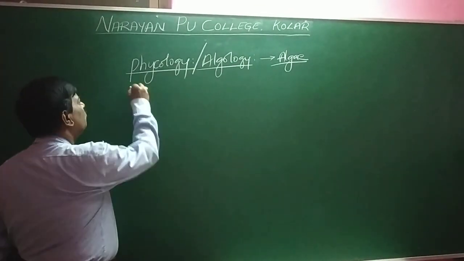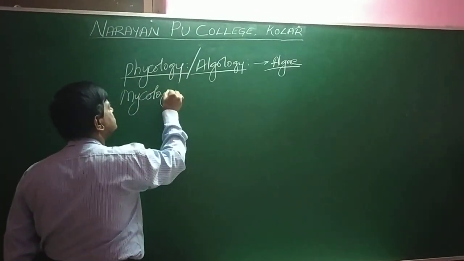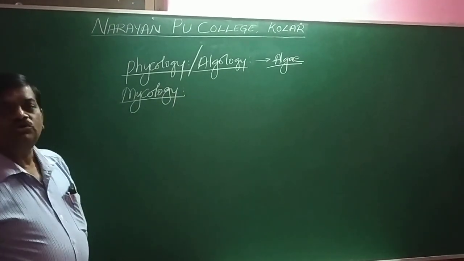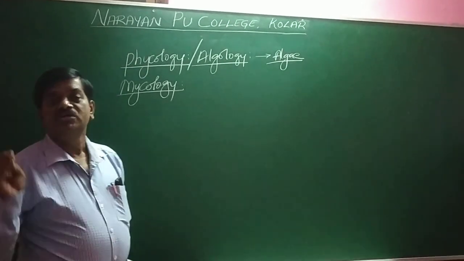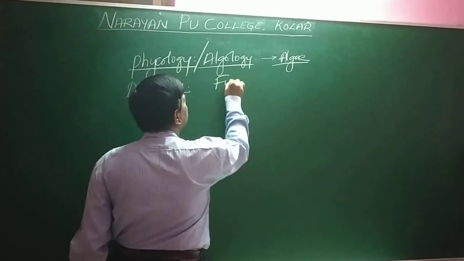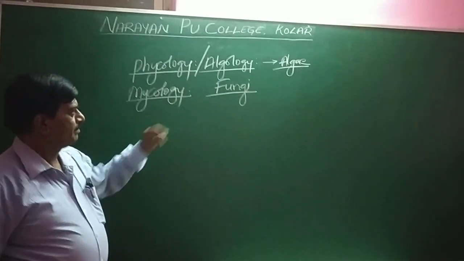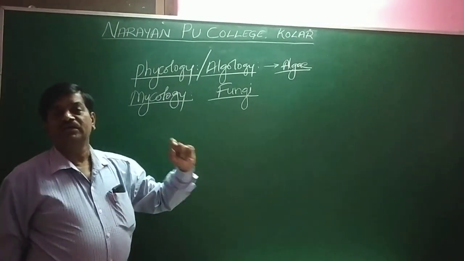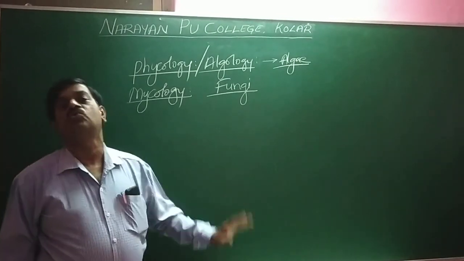Now, we'll go for one more branch called mycology. Mycology is a separate branch. Mycology is a branch of science which deals with the study of fungi. Here, fungi are a group of plants which do not have chlorophyll.